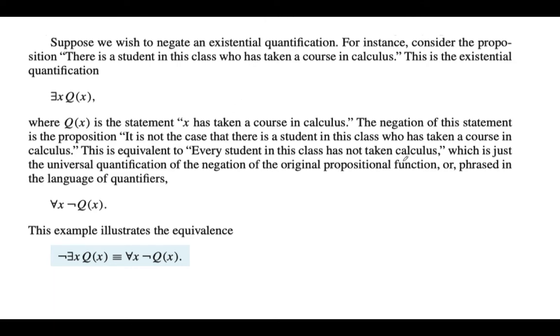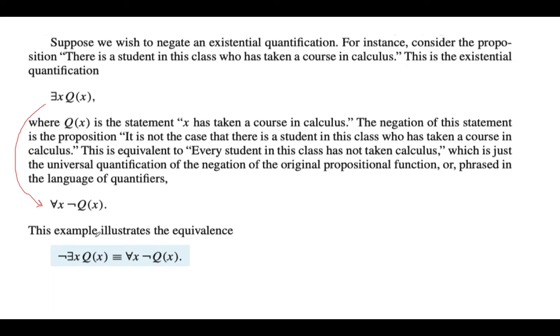So there exists Q of x negated is for all x not Q of x. This is the negation of this, because Q of x is the statement x has taken a course in calculus.